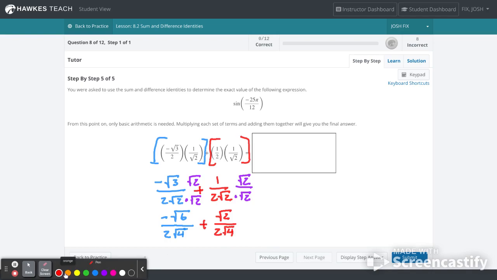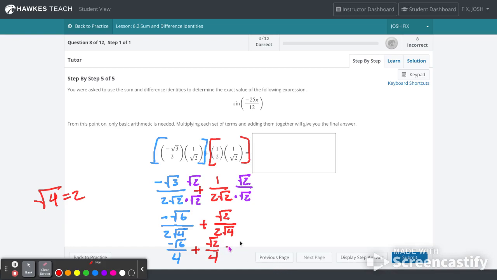Now, the beauty of what happens here is this. We have the square root of 4, which is equal to 2. So then that comes out as 2. So we get 2 times 2. So our denominator turns into 4. And on top, we have negative square root of 6. On this one, same thing. We have the square root of 4 is 2, right? So we have 2 times that 2 gives us 4 on the bottom, and then a square root of 2 on top.